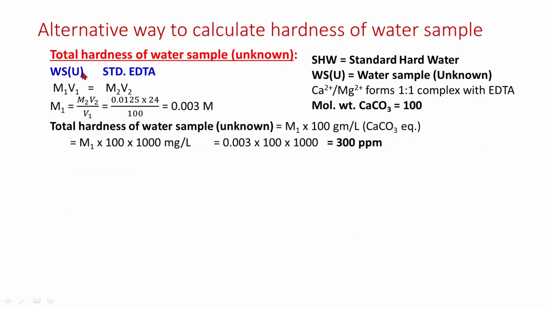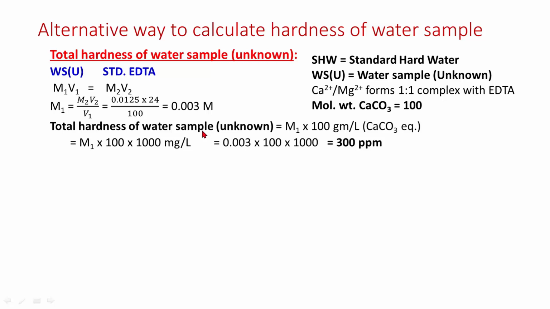For finding total hardness of the unknown water sample with standard EDTA, because we now know the molarity of EDTA, we can apply the relationship M1V1 is equal to M2V2. We can find the molarity of the unknown water sample, which is found to be 0.003 molar.